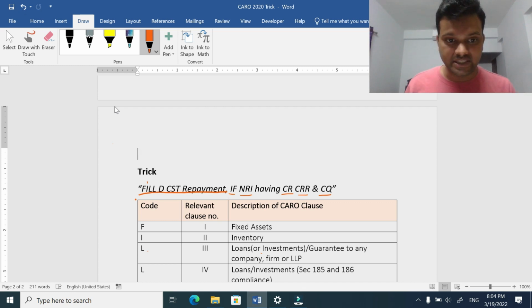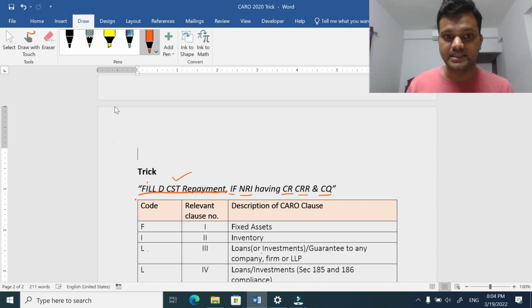Fill the CST repayment. Here, fill is a word you will be able to remember. It is not the letter T-H-E, it is the letter D here that you need to remember. CST means central sales tax. Before the GST, central sales tax was there. I hope you all know about the CST as well. Repayment is a word you will be able to remember.